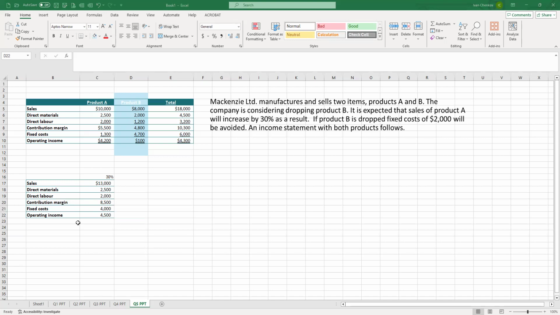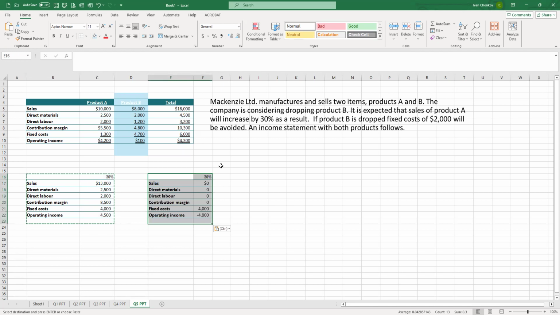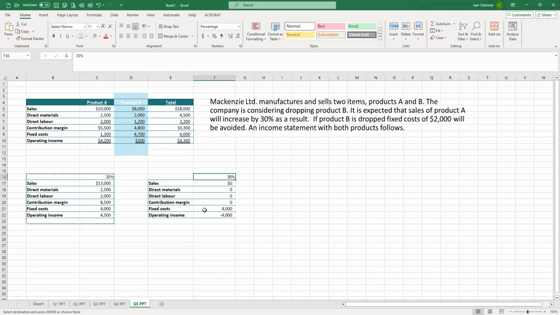Increased by the 200, right? But that's when we consider only change in the sales price, correct? But what we know about the sales, when the sales increase, are you with me, guys?